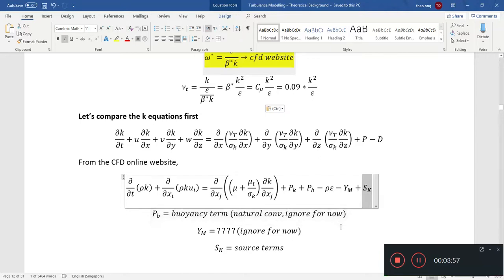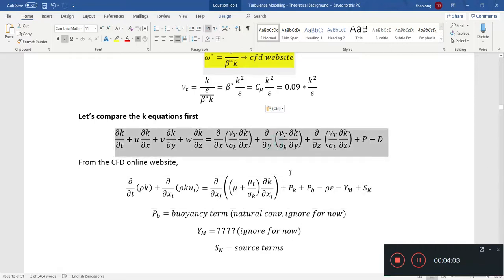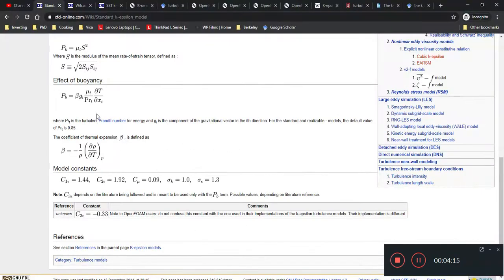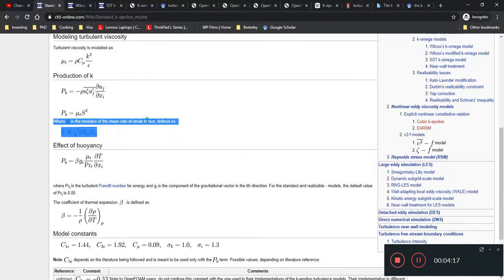Source term means any kind of source of turbulent kinetic energy that doesn't come from the production of k, from the stress terms, from the rate of strain tensors.